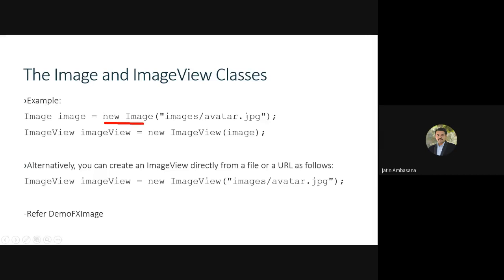You write new Image, where you specify a URL or a path, and then you say new ImageView with that image. You can even specify a file stream to read the file, and then convert it into an image.